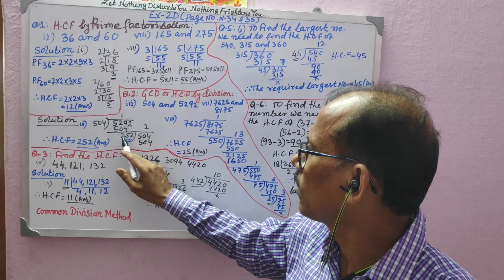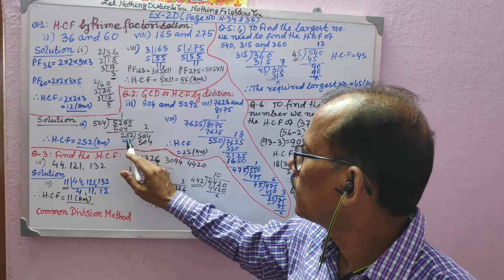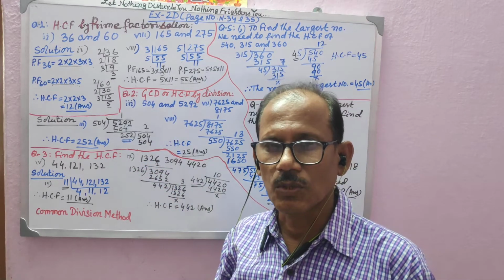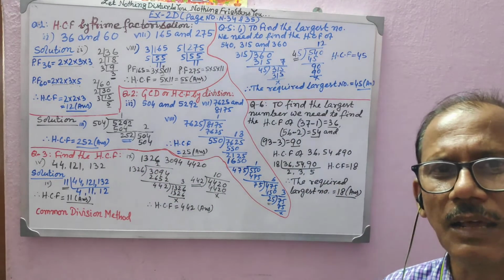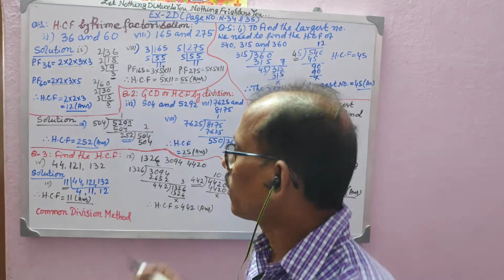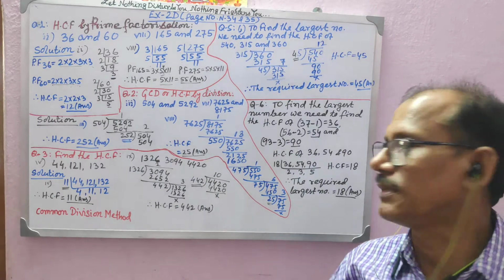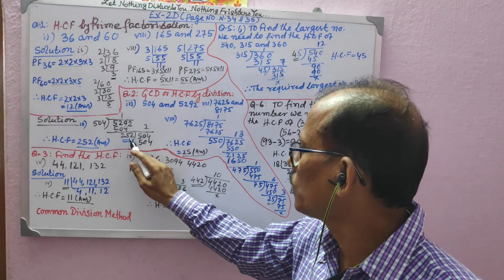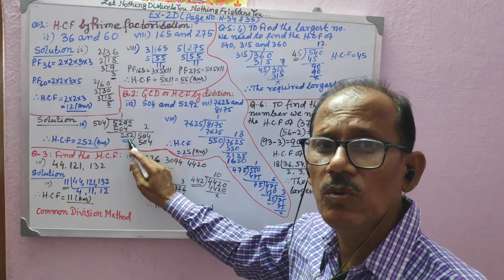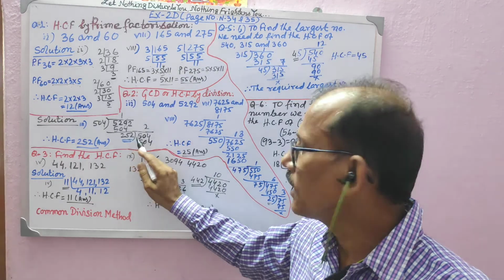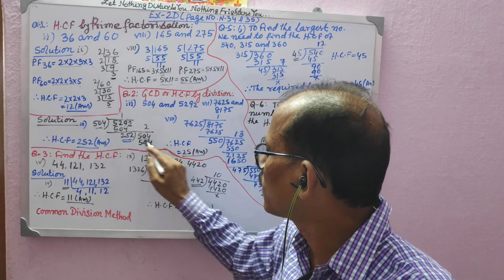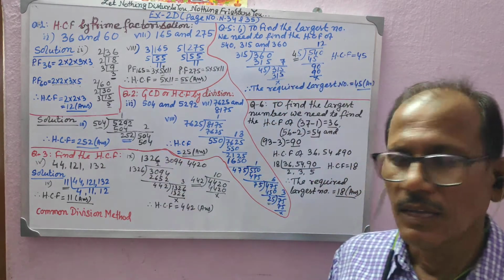Then if you subtract, it will come 252. Whatever remainder comes, that remainder will be the new divisor, and whatever the previous divisor was, that will become the dividend. So 252 is the remainder, that will become the new divisor, and the previous divisor will be the dividend. Could you understand?